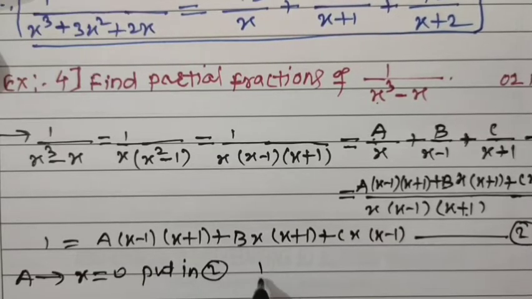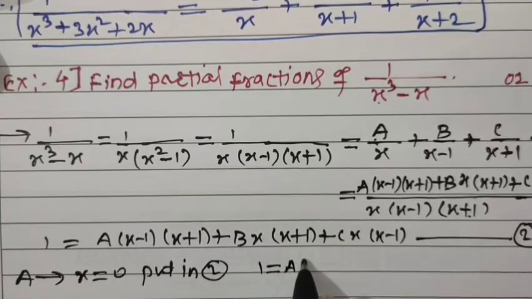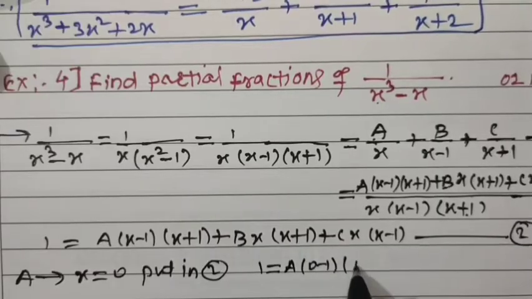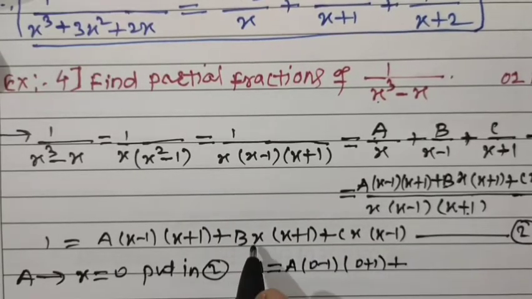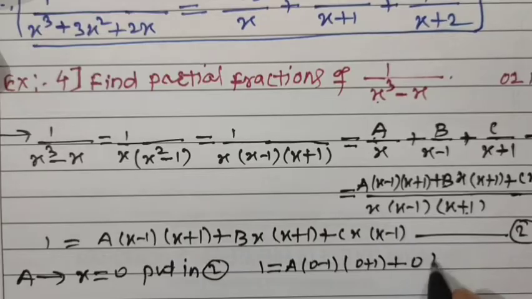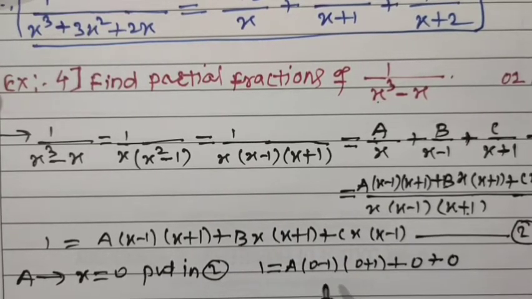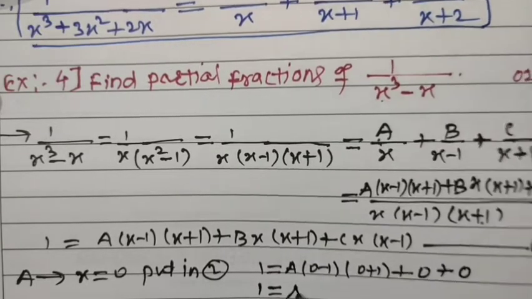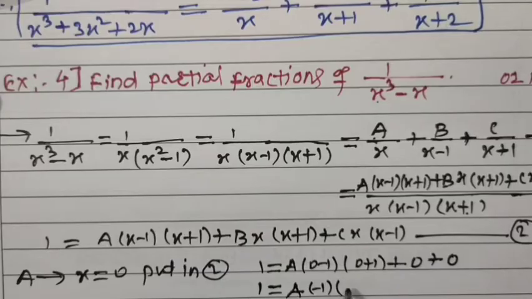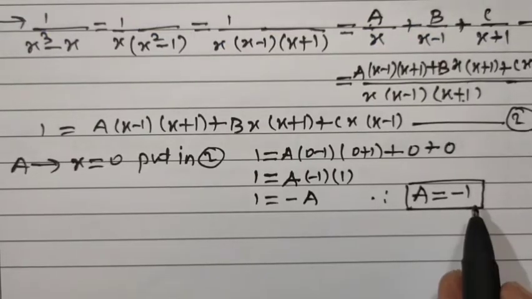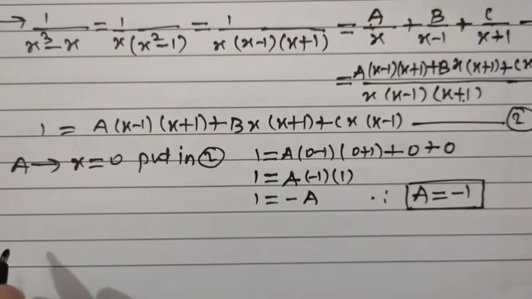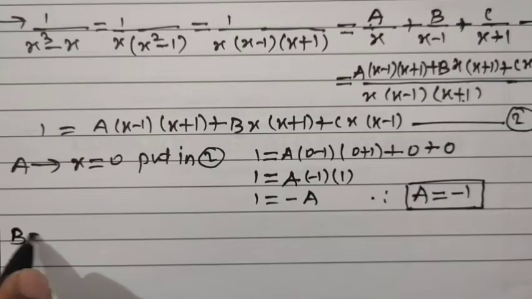So 1 is equal to a into 0 minus 1 into 0 plus 1, plus b into 0 into something, that is 0, plus c into 0 into something, that is 0. From here, minus 1 into 1. 1 is equal to a into minus 1 into 1. So a is equal to minus 1.